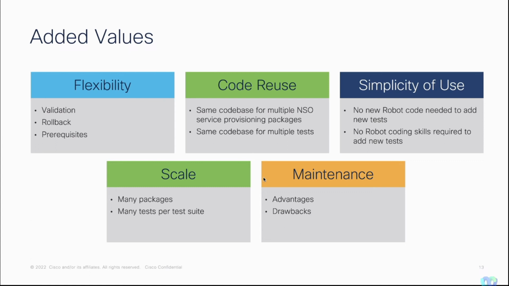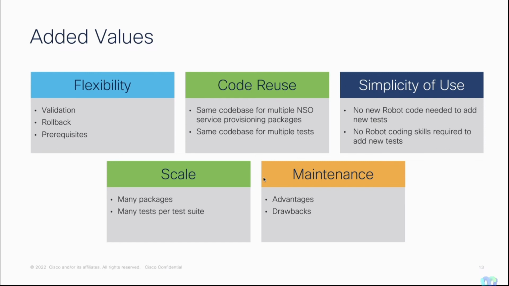And we know that Robot Framework has a human readable syntax, but anyway, no robot coding skill is required to add new tests. Scaling, again, many packages and many tests per test suite. And finally, maintenance.